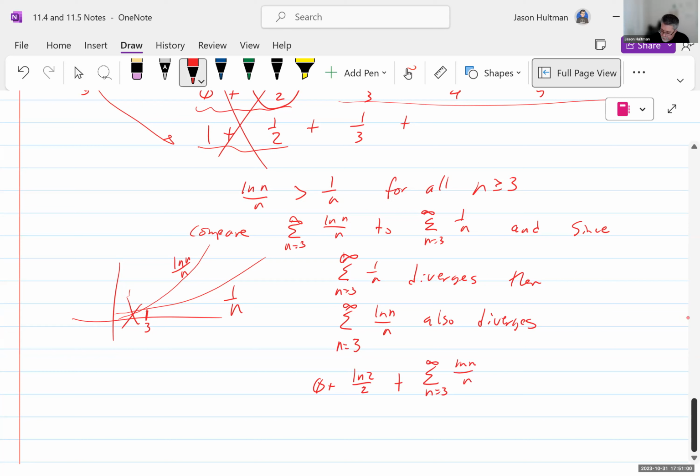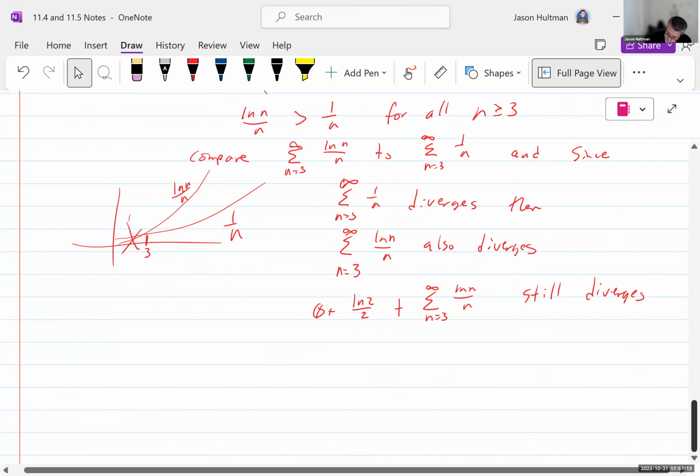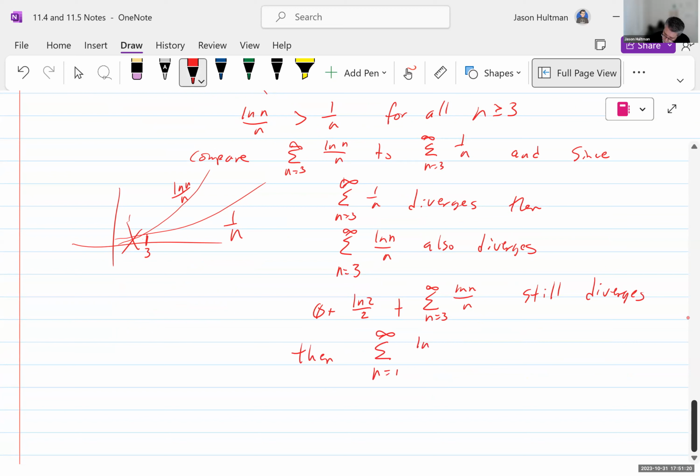If I take a divergent series and then I add more to it, is that going to make it any less divergent? No, this still diverges. Then the summation n equals 1 to infinity of natural log of n over n, where we back it out to the first term, diverges. So that one's divergent.